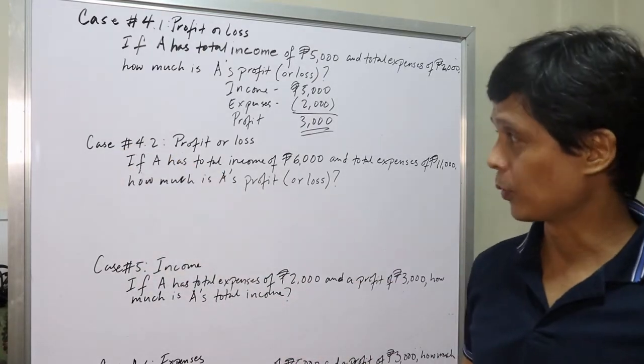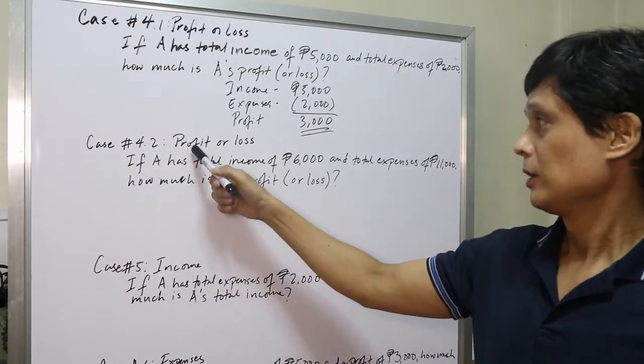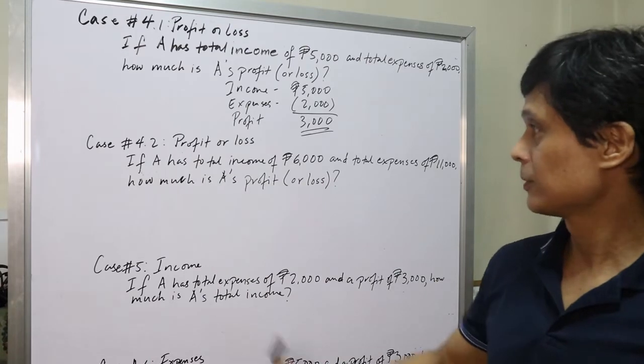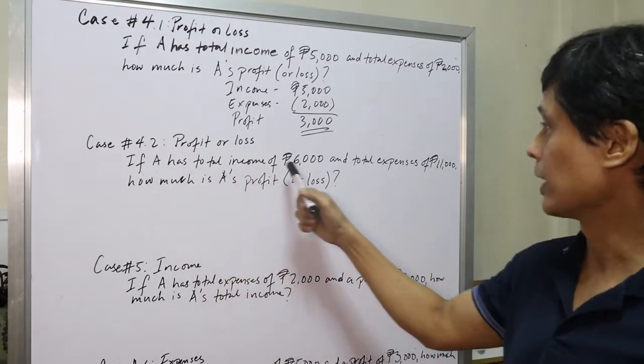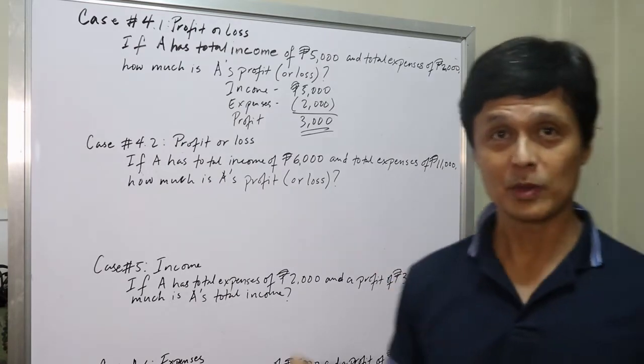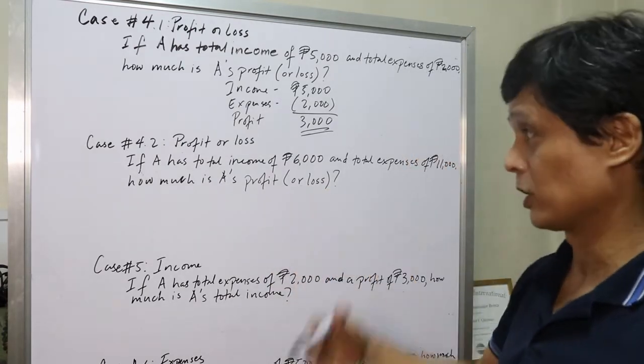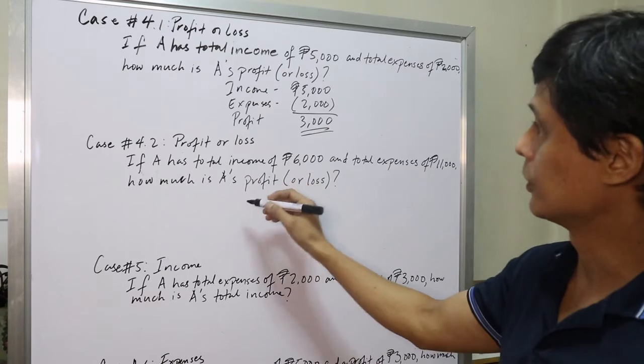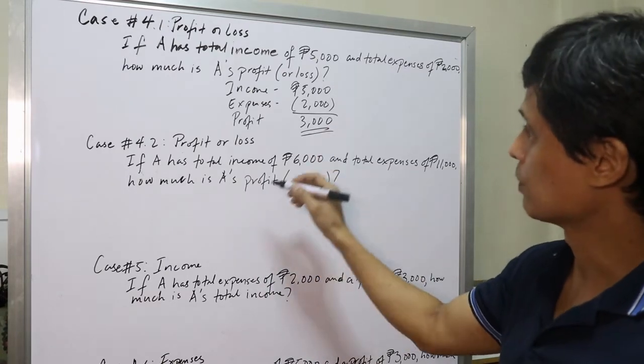Case number 4.2. Profit or loss. If A has total income of 6,000 and total expenses of 11,000, how much is A's profit or loss? So ganun pa rin yung pagkakasulat, no?